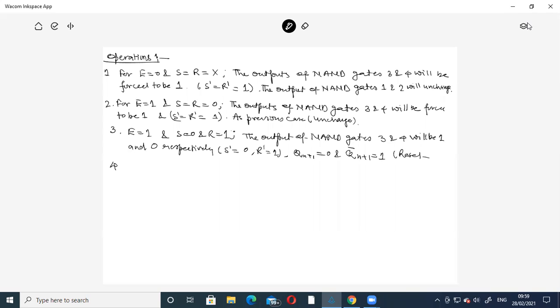The fourth point, if E is equal to 1 and S is equal to 1, R is equal to 0, the output of NAND gates 3 and 4 will be 0 and 1 respectively.